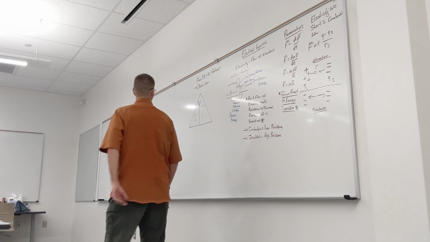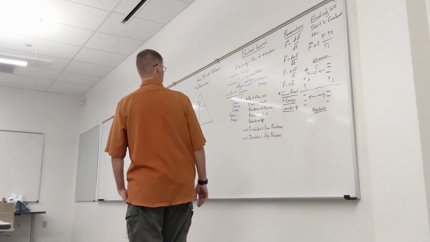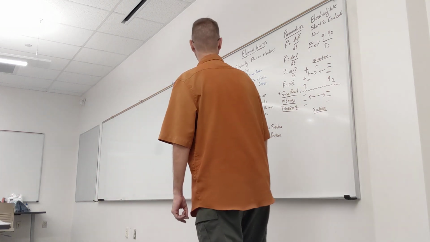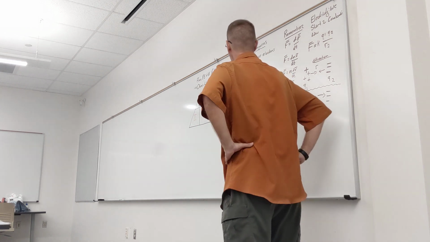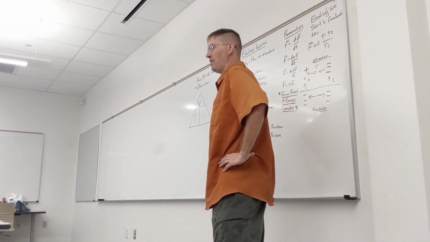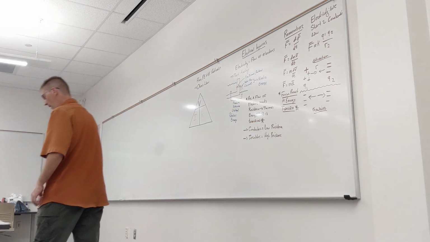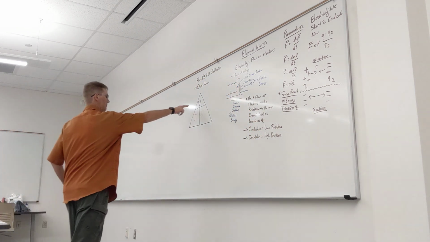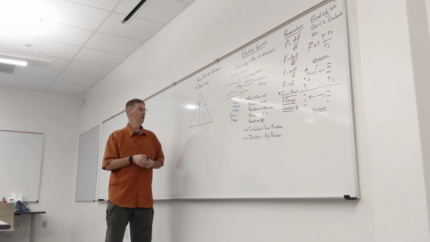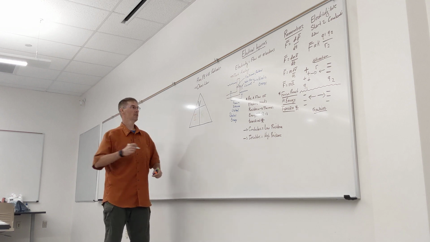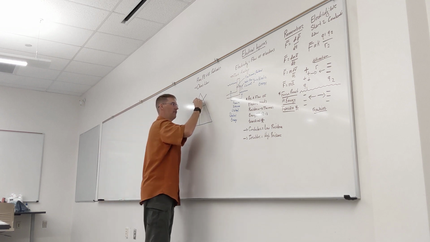All right, so when we take these three concepts, voltage, current, and resistance, these three concepts all have a relationship. I've color-coded this, and you see this little triangle I drew here? The V on the top of that triangle is the voltage.